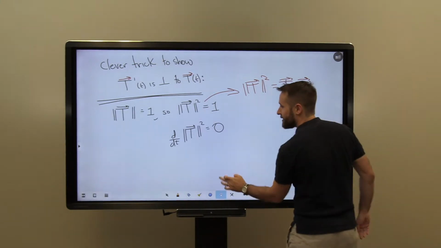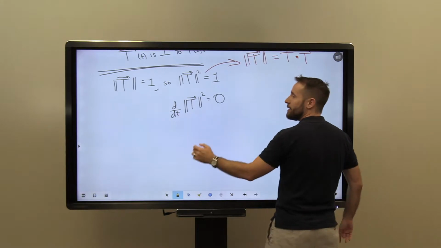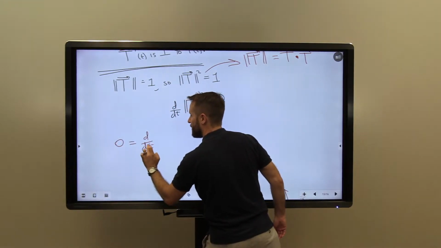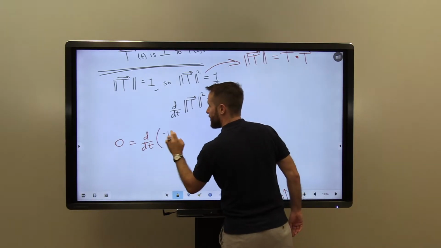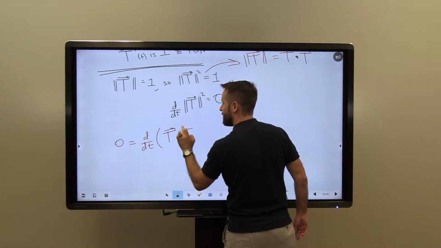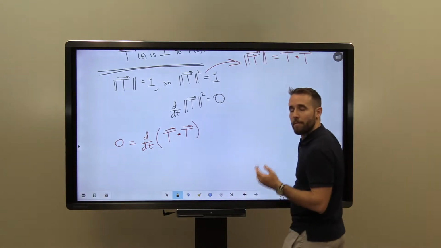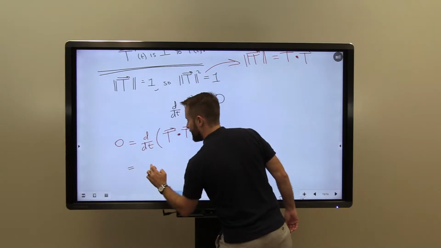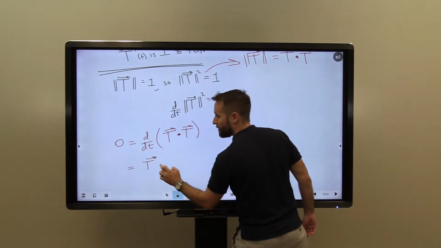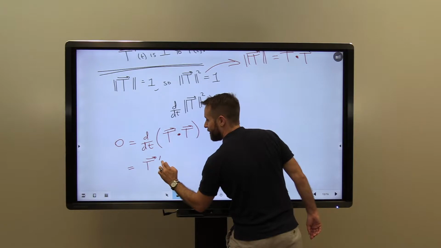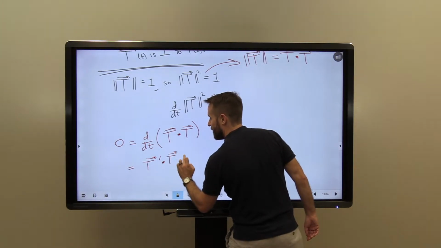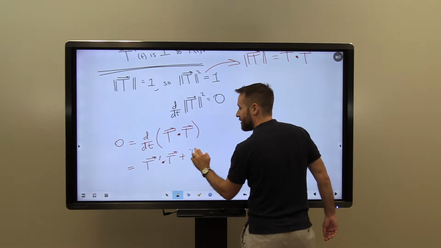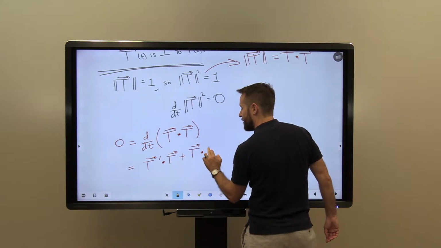So what we now know is that 0 is equal to the t derivative of the expression t dot t. But we know from taking derivatives of dot products that there's a product rule at play here. This will become t prime dotted with t, that's the derivative of the first piece dotted with the second, plus the first piece dotted with the derivative of the second.